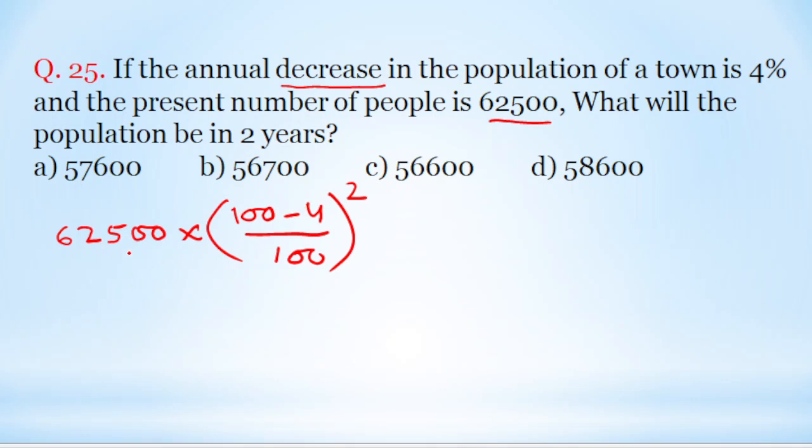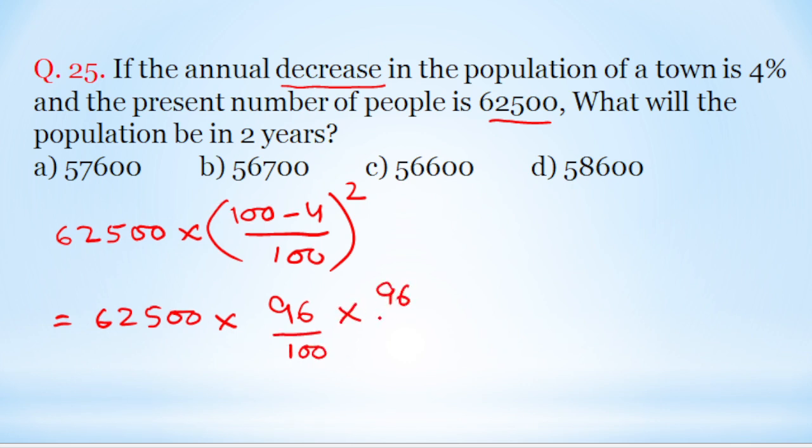Now, after calculation we are getting 62,500 into 96 by 100 into 96 by 100. So here these two zeros cancel these two zeros.